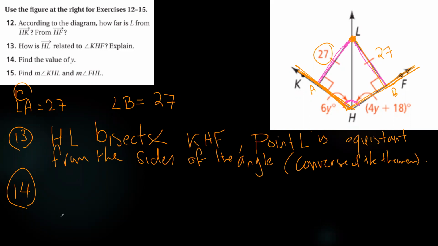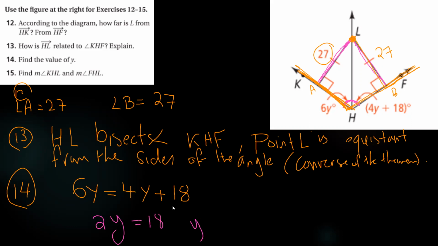What is the value of y? In number 13, we concluded that LH is an angle bisector. So if it is an angle bisector, can I say that 6y equals 4y plus 18? Yes. Since it is an angle bisector, it cuts into two equal halves. So 2y will be 18, so y will be 9.